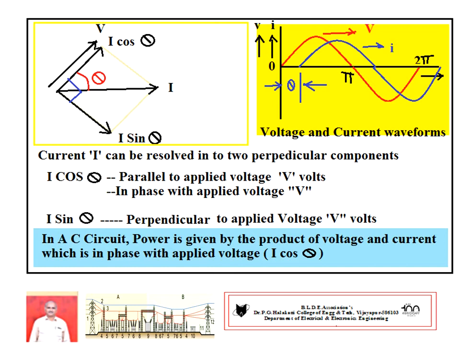In an AC circuit, the power is given by the product of voltage and the current which is in phase with the applied voltage. Hence, power equals V into I cos theta, where V is the RMS value of voltage, I is the RMS value of current, and cos theta is the power factor.